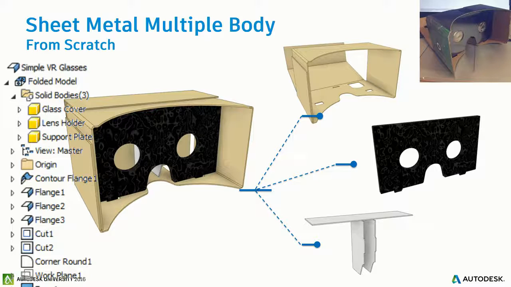So for this air glasses design, this cover is created first, and these two parts are created based on the first body. So there are 3 bodies in one part.